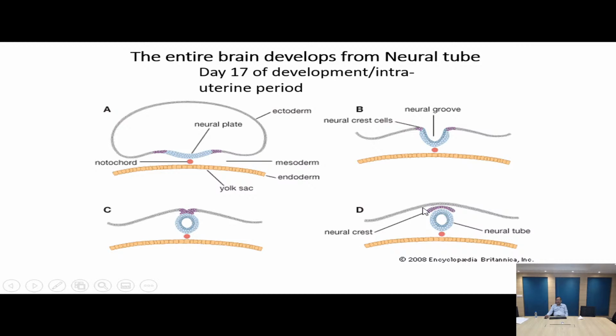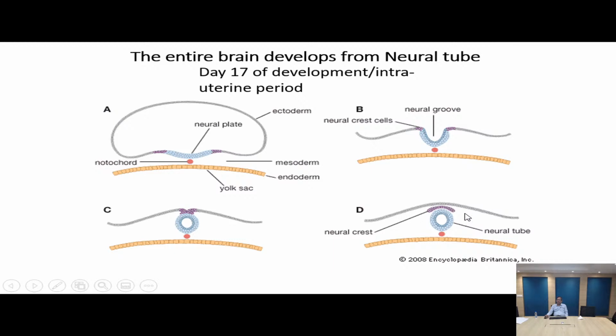Now these neural crest cells have a large number of derivatives. The neural crest cells will form the melanocytes, which are the pigment cells of our skin. This will form the adrenal medulla.